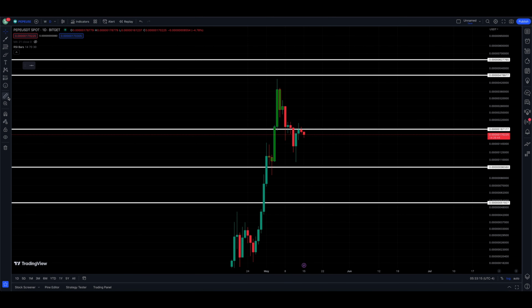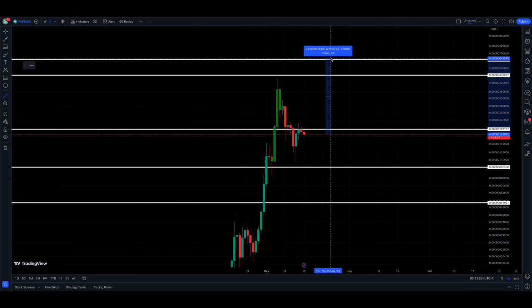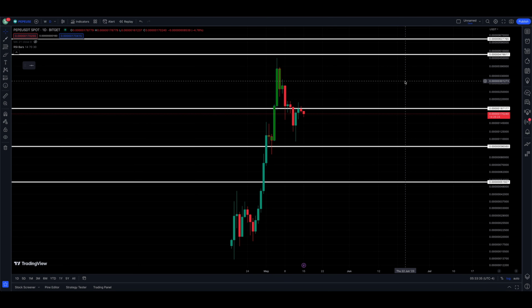Above that, I have another target up here at 6277. That's also above the all-time high. On a percentage basis, that takes us up about 260% from where we're at.